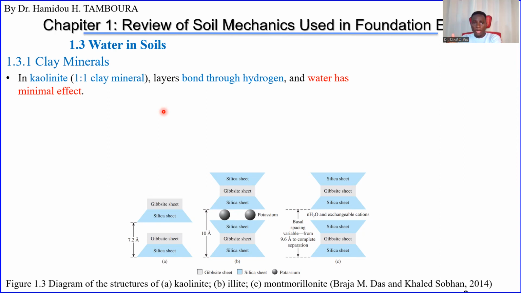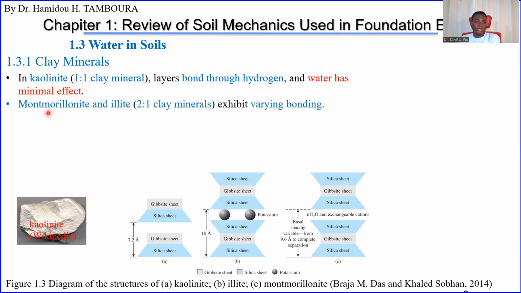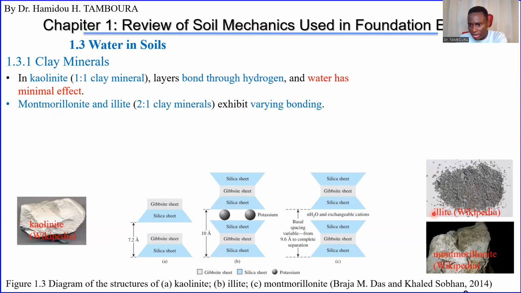That is the meaning. This is just a photo from Wikipedia of kaolinite. If we take this one, montmorillonite, the name is quite long, and this one, illite, both are here, just photos.